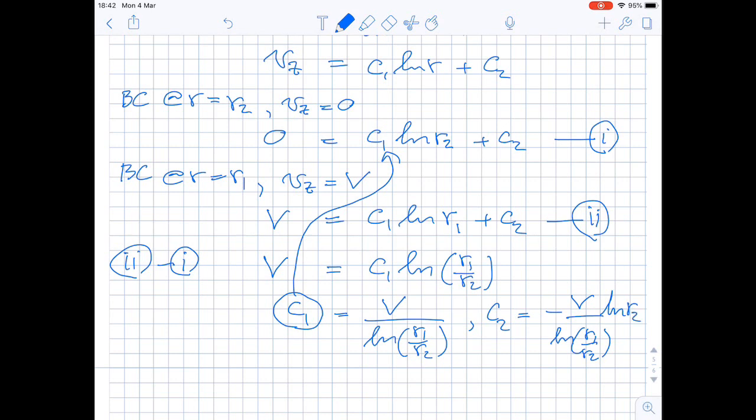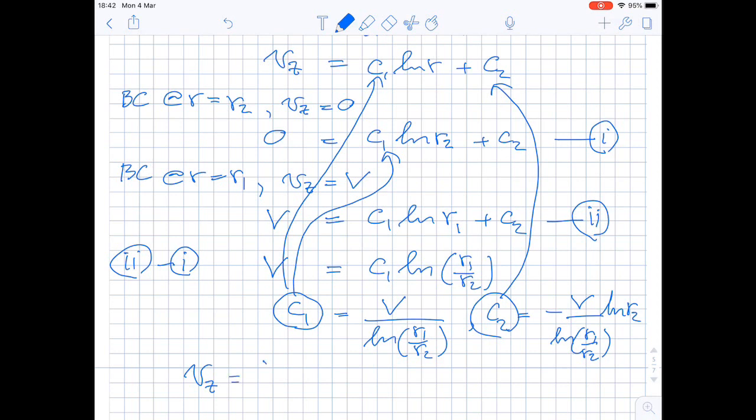That would be c2. Then we can take c1 and c2 here and there so that we can find the velocity profile.